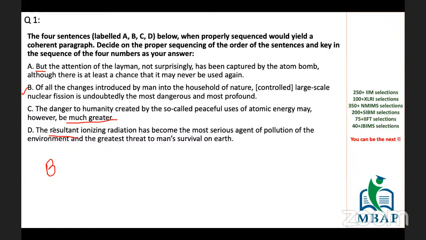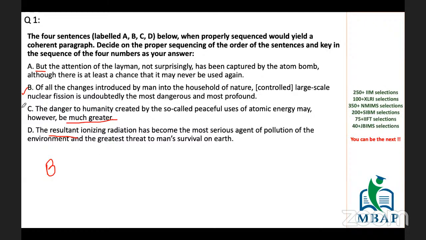Now, if I see what actions can cause ionizing radiation, A is basically not talking about an action which can justify or result in ionizing radiation.